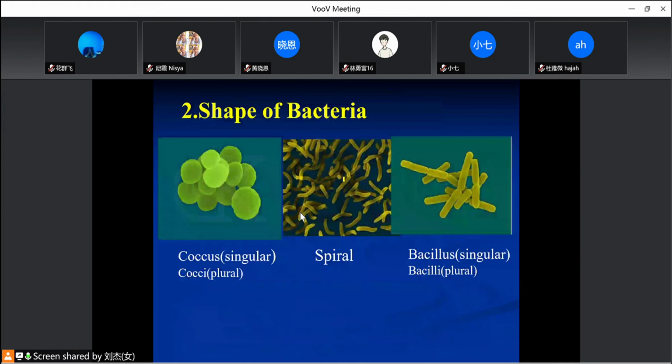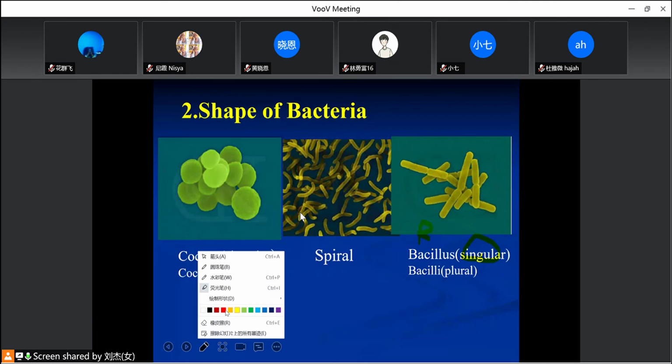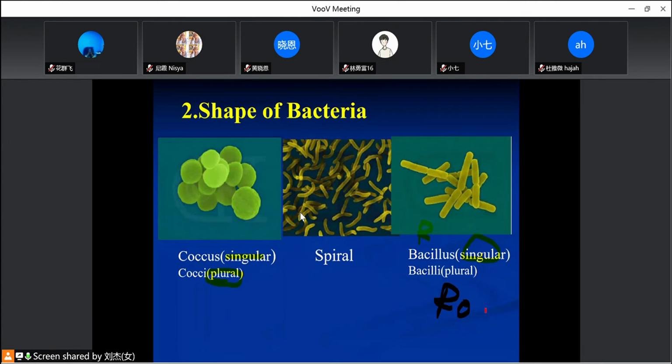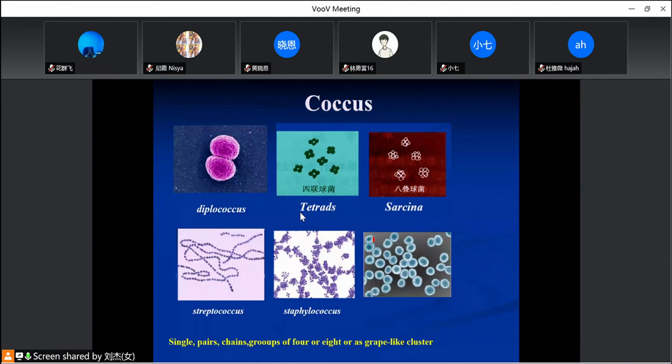Let's see one by one. First, a single bacterium is called coccus, and plenty of them are called cocci. A single stick is called bacillus, or you can call it rod, as we introduced just now, and multiple of them are called bacilli.